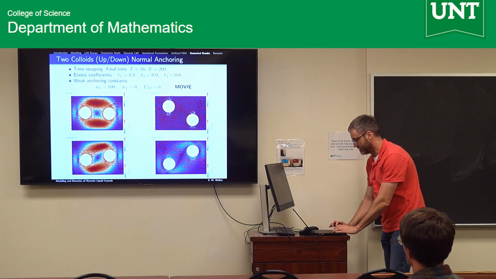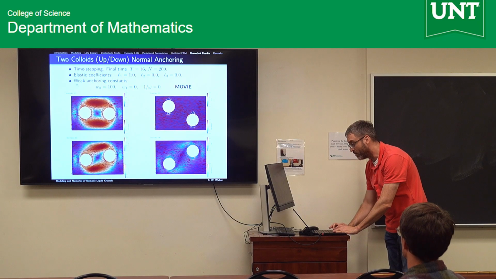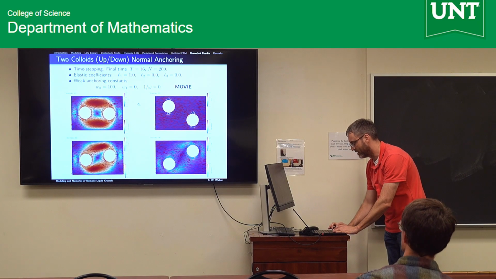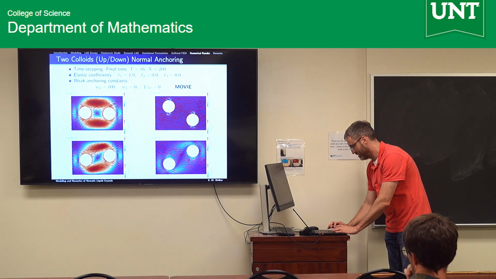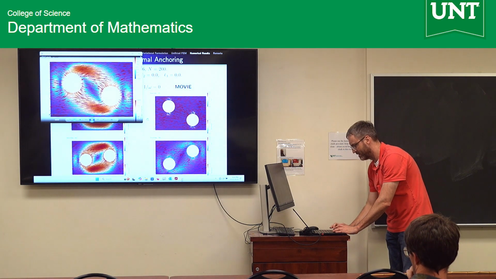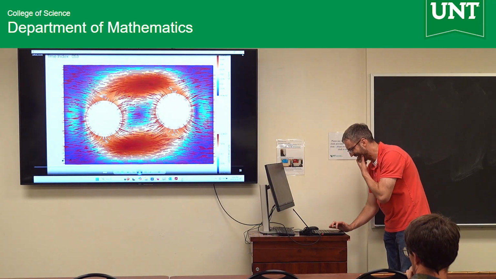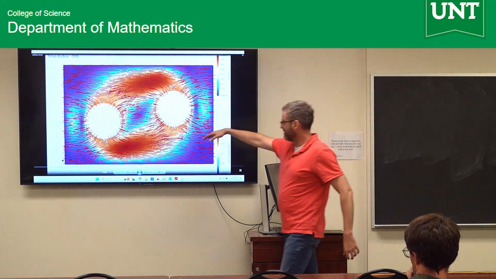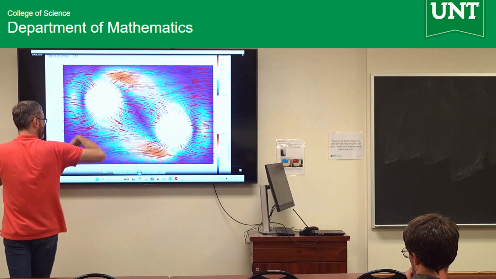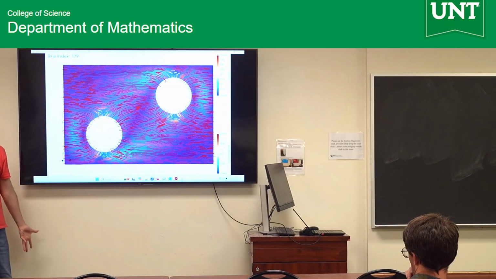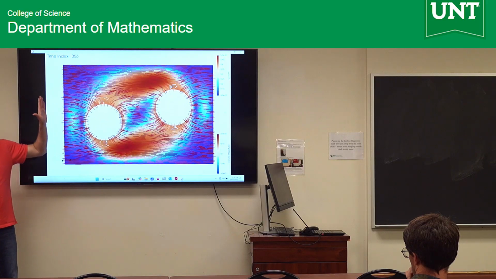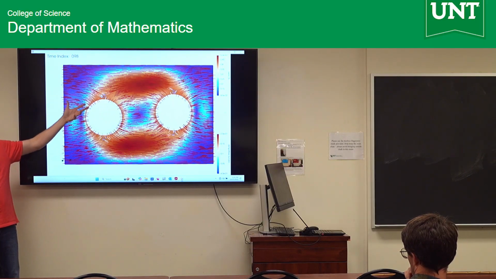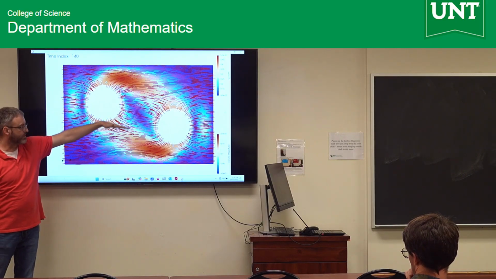On the left here, this is normal anchoring. Oh no, all of this is normal anchored. Now I do a planar on the next one. So here's a movie of the simulation. The line segments here: when I solve the problem, I have Q as my solution, and then I do an eigen decomposition for Q as a post-process to visualize what the director looks like.